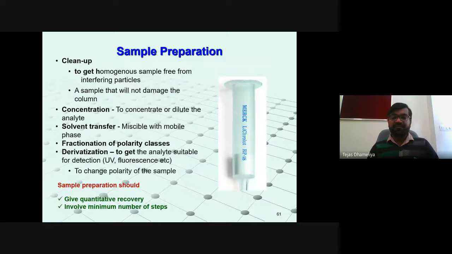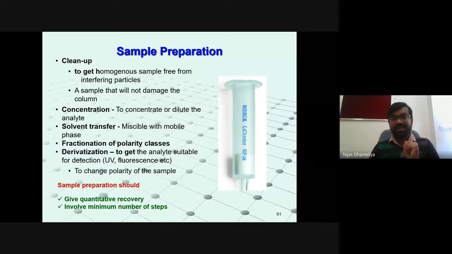Sample preparation for HPLC is much easier. I have shown you one video in the previous classes where you saw that we prepare a small vial and dissolve the sample in HPLC grade solvents. Solvents used in HPLC are not the common solvents used for your synthesis. There are different grades of analytical reagents.